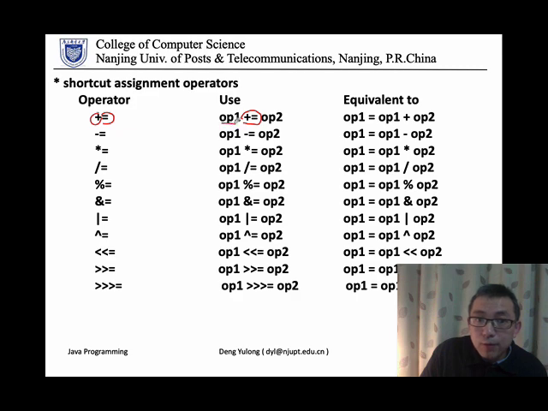This means the same as adding the first operand with the second operand, and assigning the result back to the first operand. Now we have the minus sign with the equal sign, which is the same as subtracting the second operand from the first operand, and assigning the result back to the first operand. This is the shortcut assignment operators.